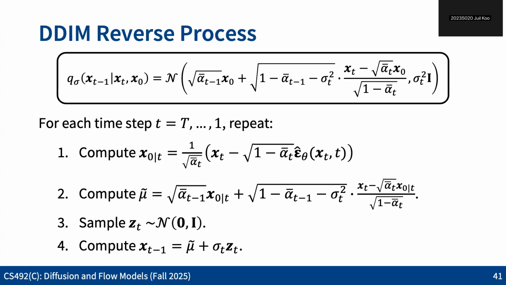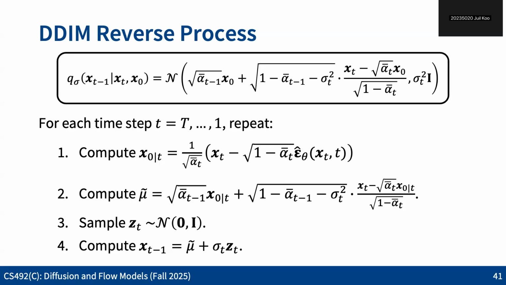But when you make this variance 0, then the whole process becomes deterministic. So starting from a stochastic process, now we are discussing a deterministic process, which means that if you start from the same x capital T, every time you're going to get the same x0, because it's just an iterative computation.